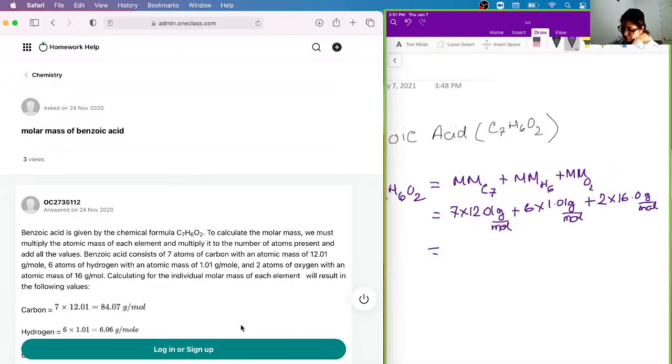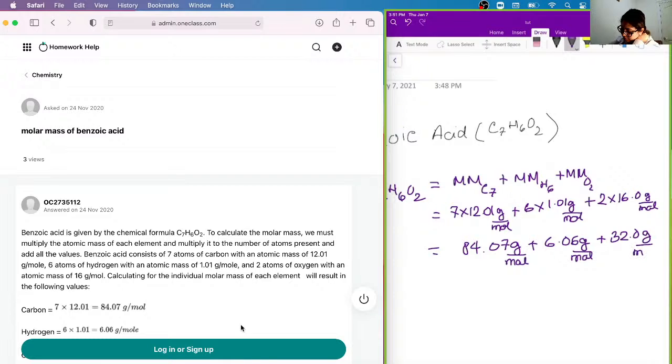If you do the math here, you get 84.07 grams per mole, and then plus 6 times 1.01 is 6.06 grams per mole, and then 2 times 16 is 32.0 grams per mole.